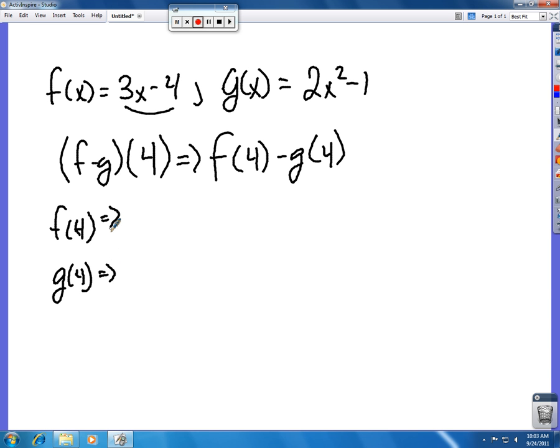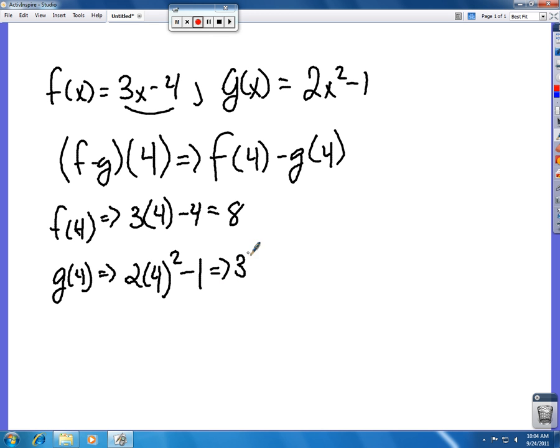So f of 4, you just plug in 4 for x, so you have 3 times 4 minus 4. 3 times 4 is 12, 12 minus 4 is 8. Now the function g, plug in 4 for x. So we've got 2 times 4 squared minus 1. 4 squared is 16, times 2 is 32, minus 1 is 31.